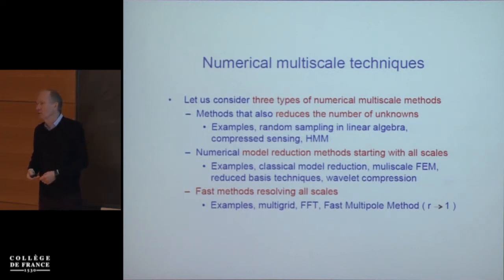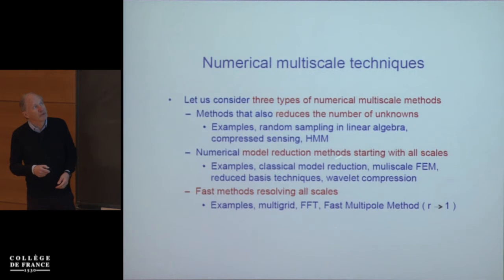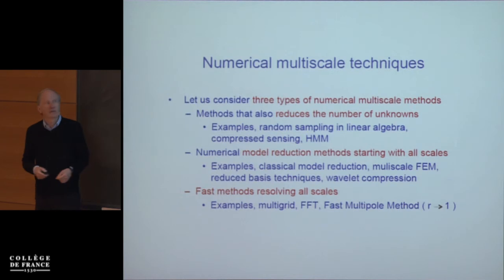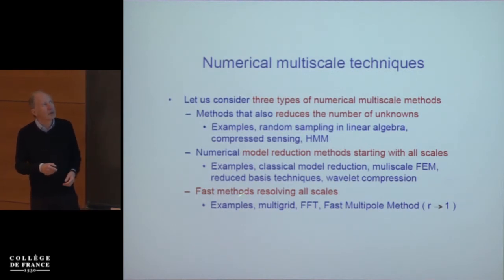Classical control theory, where you have maybe a big finite element problem, and you want faster input-output behavior, and you reduce that by a number of different techniques. It could be more explicit, like these multiscale finite elements, or reduced basis. You can use wavelet compression in many other settings, for example for images, which is down in the JPEG. So there you start with everything and reduce it.